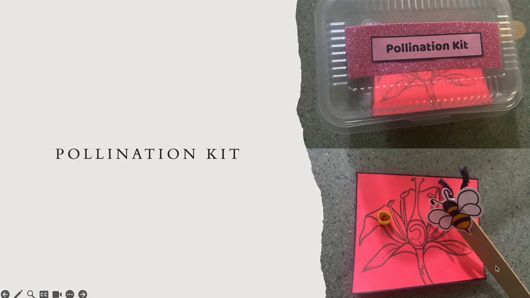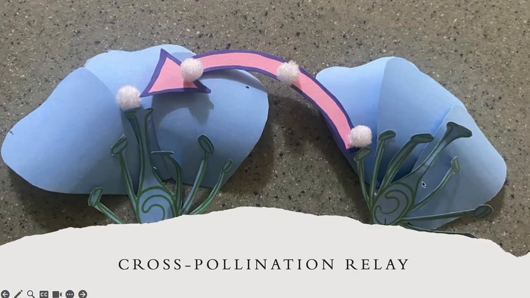I used the popsicle stick, and then I used some extra material I had laying around for the legs of the bee, so the pupils will move the bee from the anther and take it across to the stigma, and as they're moving it, the chalk dust would fall off, and that's how they came up with the definition.